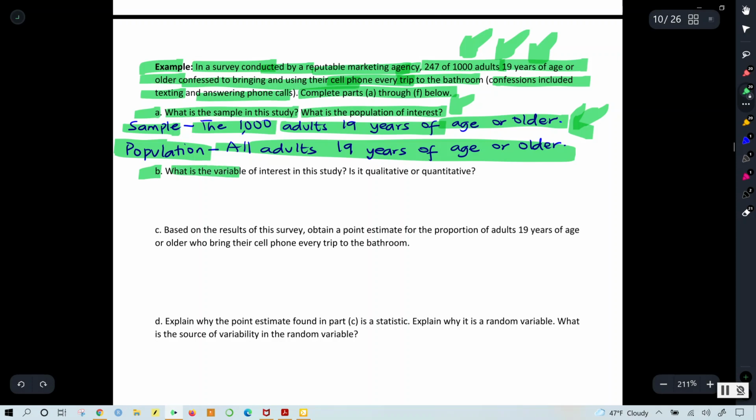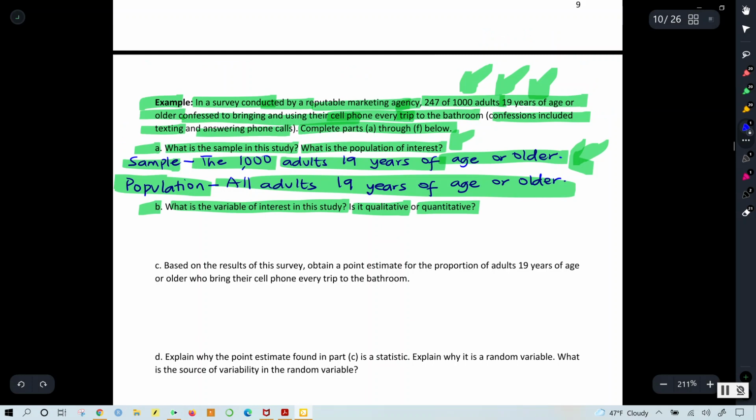Question B. What is the variable of interest in the study? Is it a qualitative variable or a quantitative variable? In other words, this means what characteristic of this group or this sample or this population are we interested in studying?